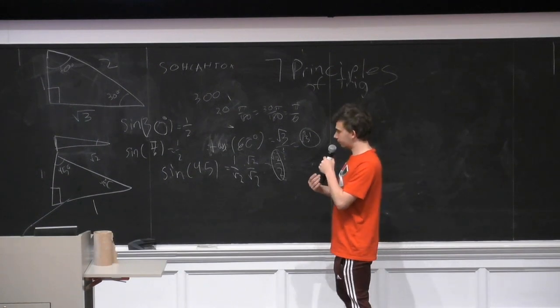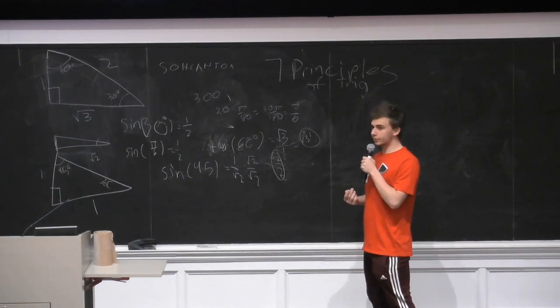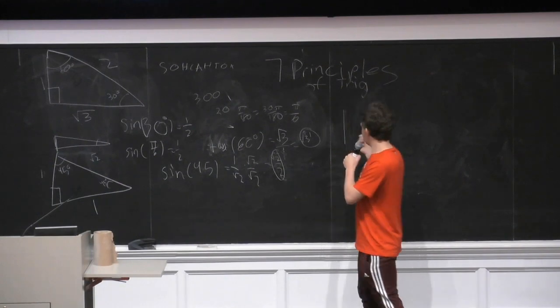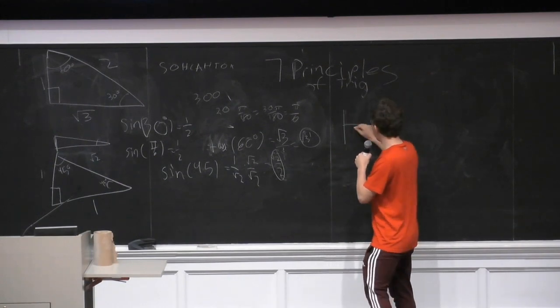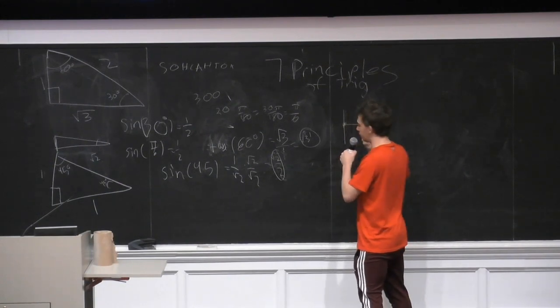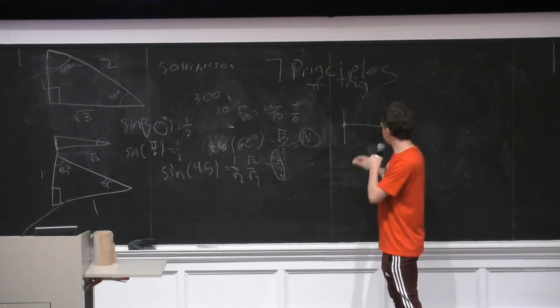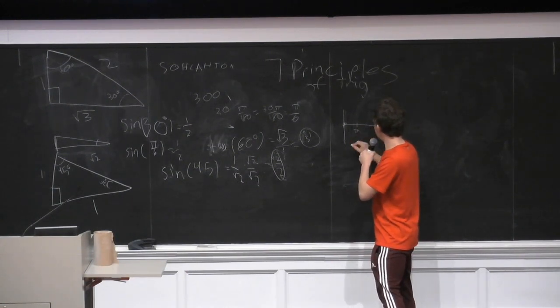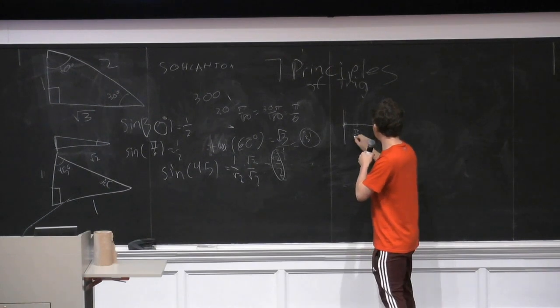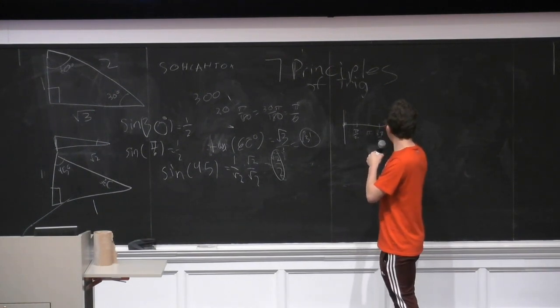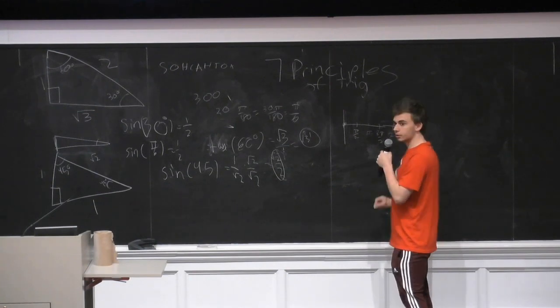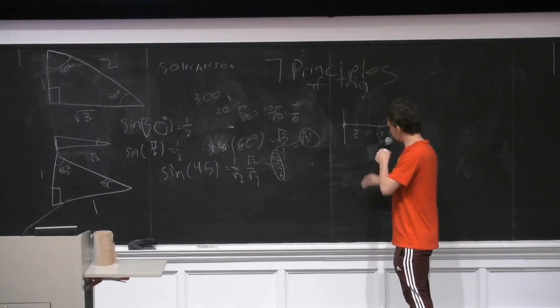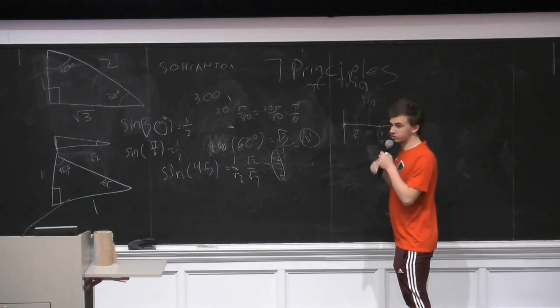Then the third principle is actually a graph, which is the sine graph. So pi over 2, pi, 3 pi over 2, 2 pi. Now let's say this is the sine graph, because we're also going to talk about the cosine graph.